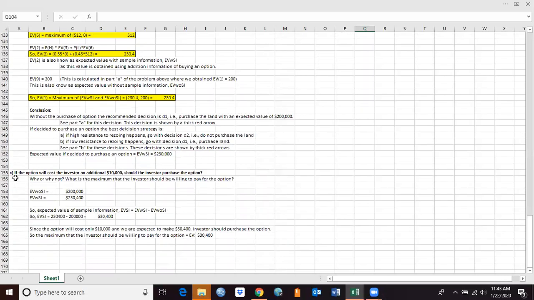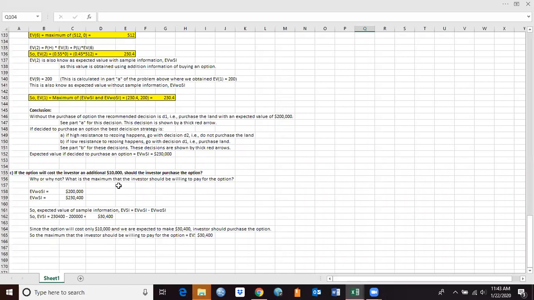Part C is: if the option will cost the investor an additional $10,000, should the investor purchase the option? Expected value without the option was $200,000. With the option was $230,400. With that additional information, you're making $30,400 more.